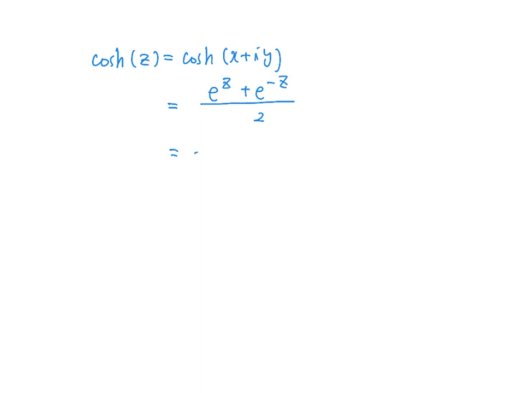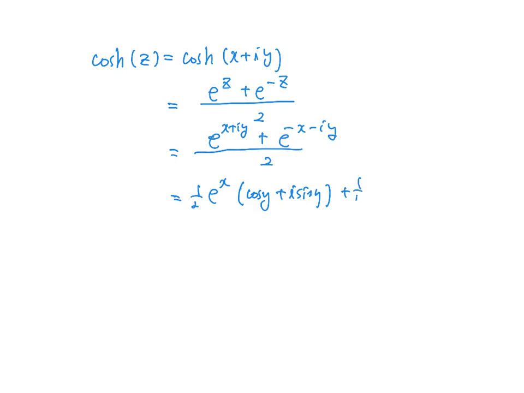So we can do the same thing. Exponential x plus iy, exponential minus x minus iy. So 1/2 exponential x cosine y plus I sine y plus 1/2 exponential minus x cosine y minus I sine y.